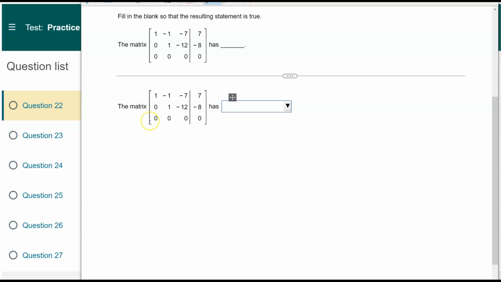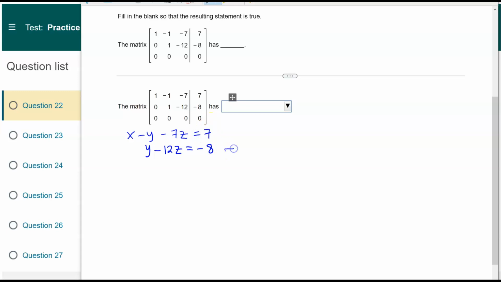Okay, so here, if you are given this matrix, you would just write the second row as y minus 12z equal to negative 8. And then your first row will be x minus y minus 7z equal to 7.